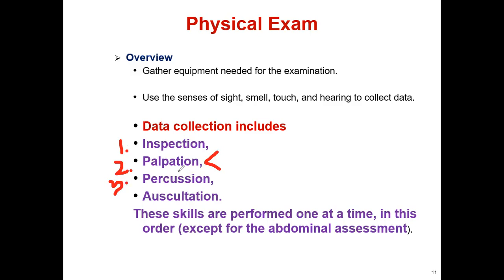Is it tympanic or dull? And number 4, auscultation by stethoscope, like lung auscultation, heart auscultation, S1, S2, or murmur. So this is the sequence: 1, 2, 3, 4. Inspect, palpate, percuss, and auscultate respectively.